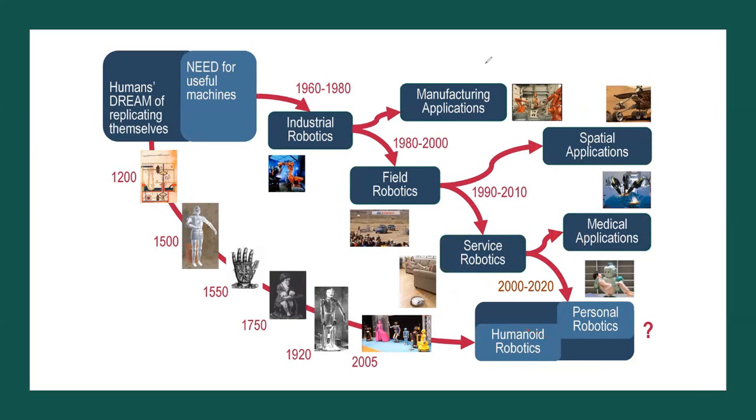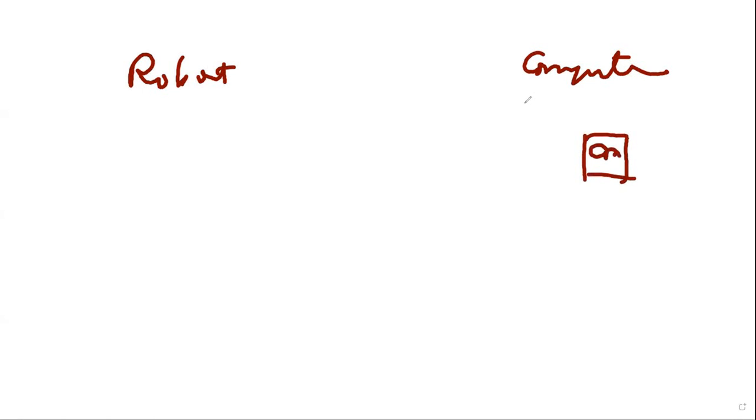So one way to look at this is: what is a robot, and what is robotics? What is the relationship of robot and computer? This is very important. A computer has a CPU, input, output, and memory.